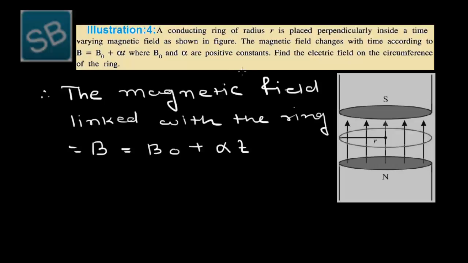Here B0 and alpha are positive constants. So we have to find out the electric field.